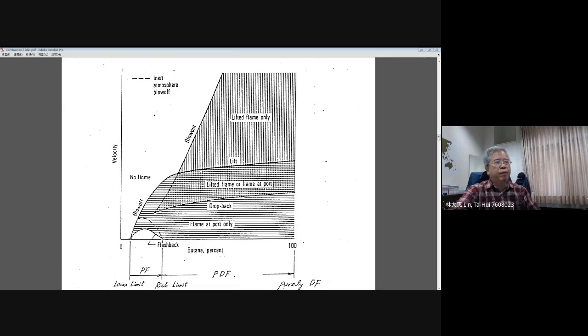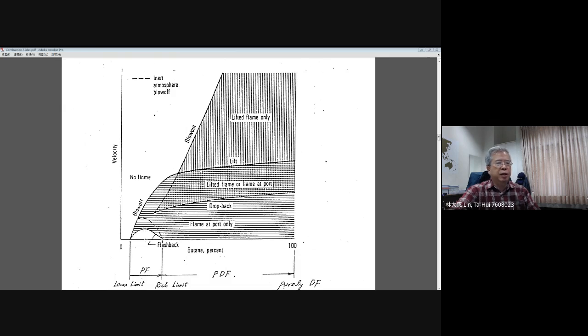There is the half moon region. You can see this is a half moon region, right? Okay, then we choose one of the percentages of butane, for example, here. By this line, you fix a butane concentration, for example, here, very close to the maximum value.